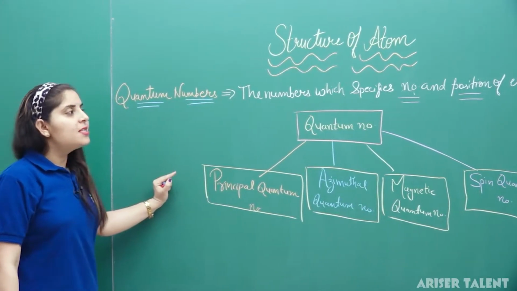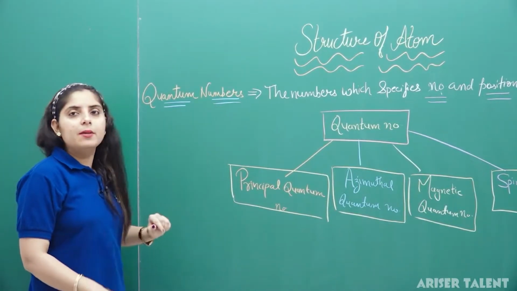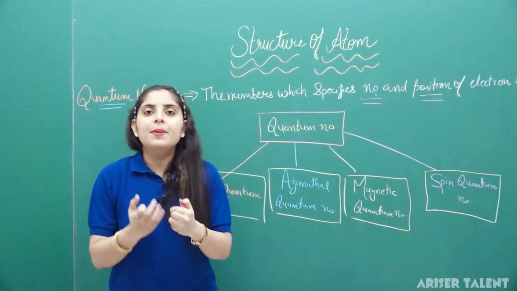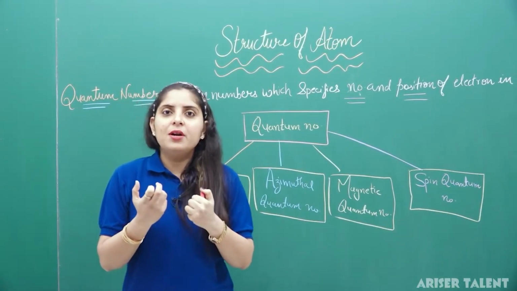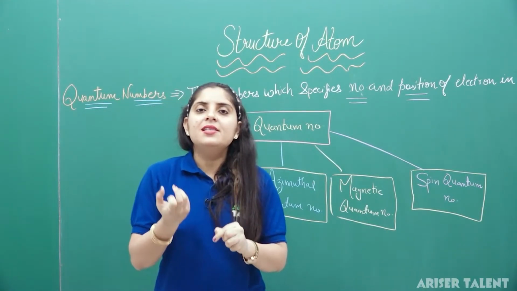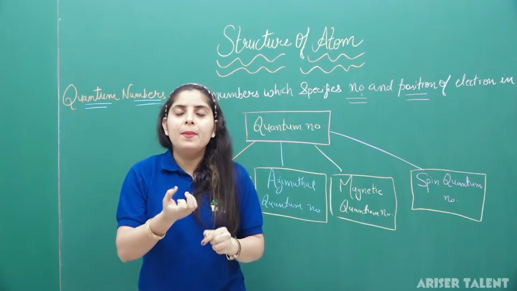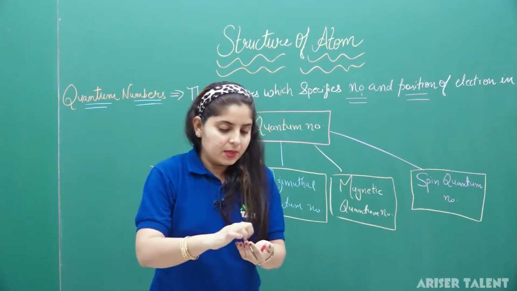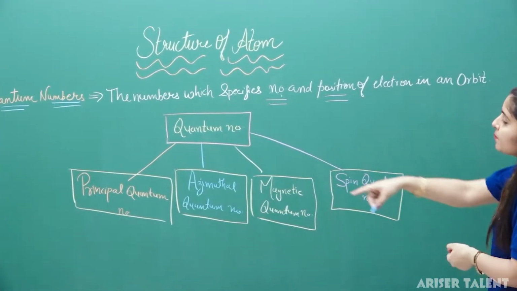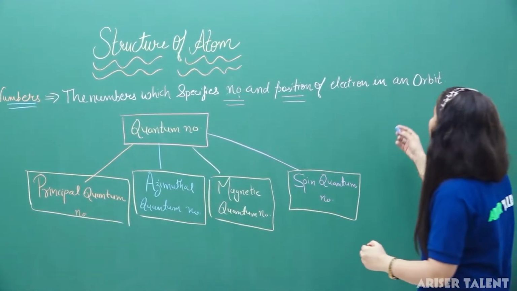Our first category is principal quantum number. What actually are principal quantum numbers? The principal quantum number was discovered by Bohr and it usually tells us about the size, shape and energy of a shell.